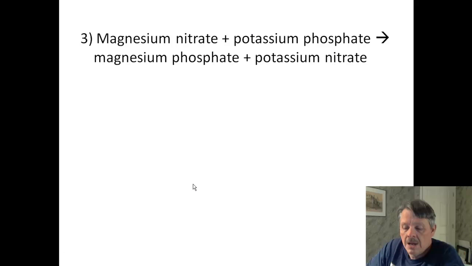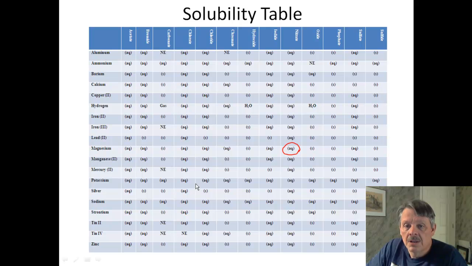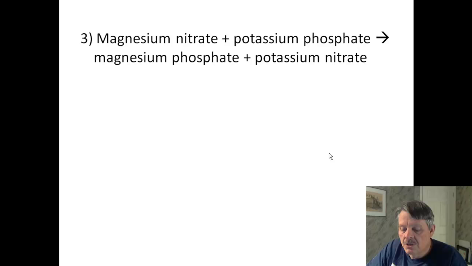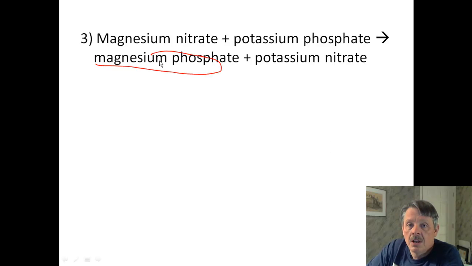Potassium phosphate is all the way over here on the right. So that means I'm going to get potassium nitrate, and that's always aqueous. And then I'm going to get this other one up here, which is magnesium phosphate, and that's my solid. So magnesium phosphate is my solid, and the other 3 are aqueous.